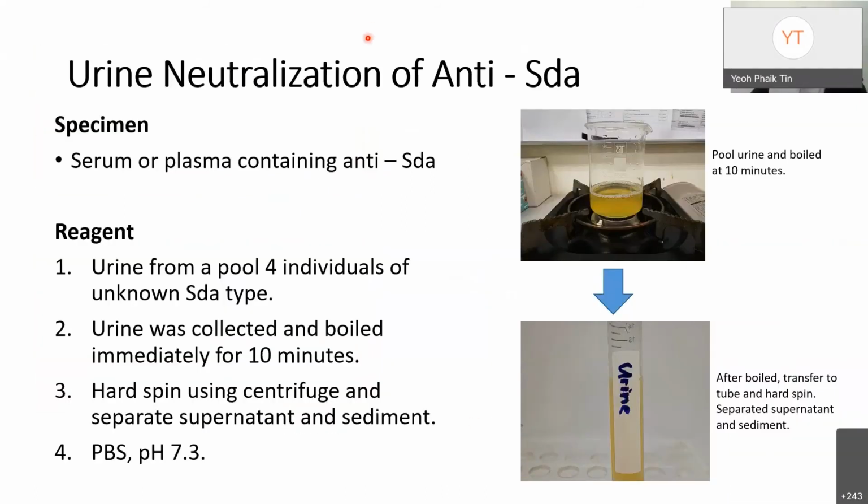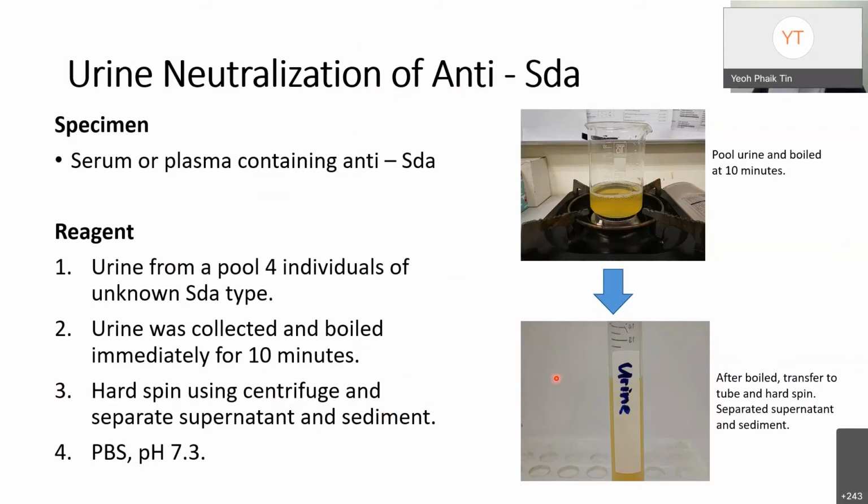So then we proceeded with urine neutralization to confirm the anti-Sda. We collect urine from a pool of four individuals with unknown Sda types. We mix the urine together and boil it for 10 minutes.